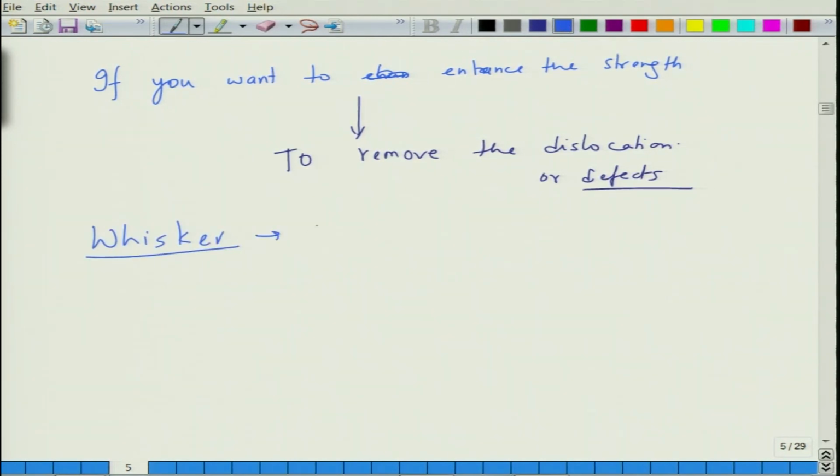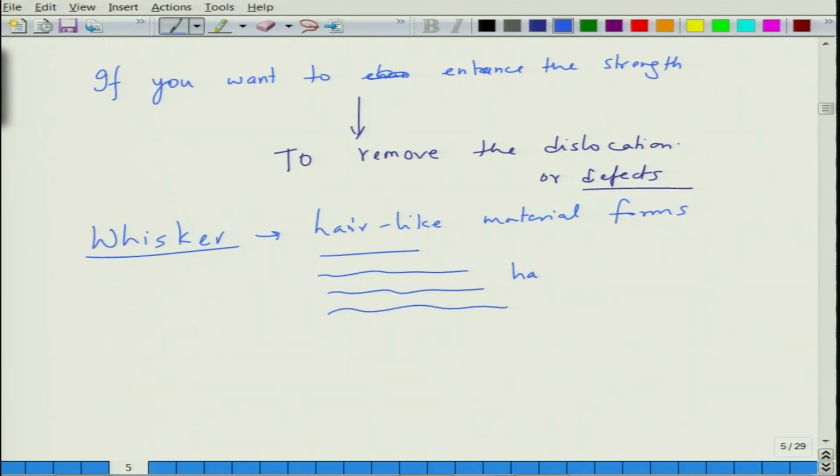Whiskers are basically hair-like material forms. So very thin, just like hair follicles, and these are extremely thin, of the order of a micron or lower, a few microns.